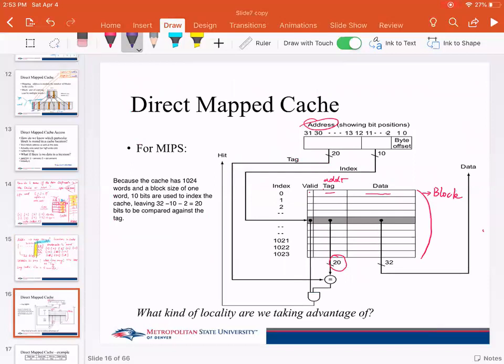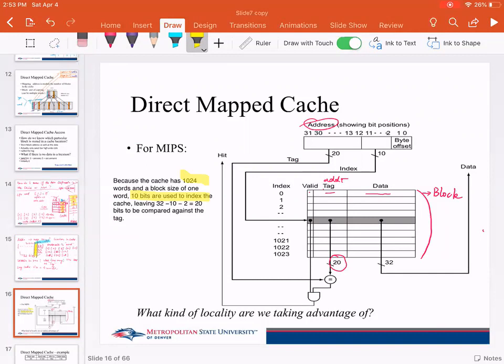Suppose the cache has 1024 words. That means for me to represent the cache index, I will need 10 bits.